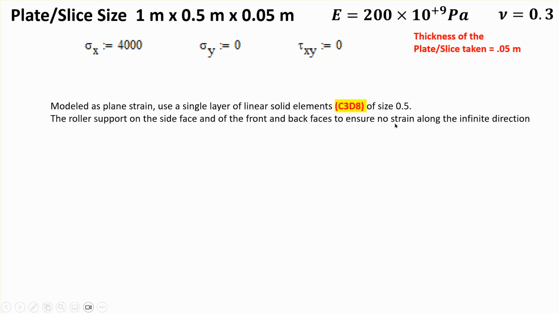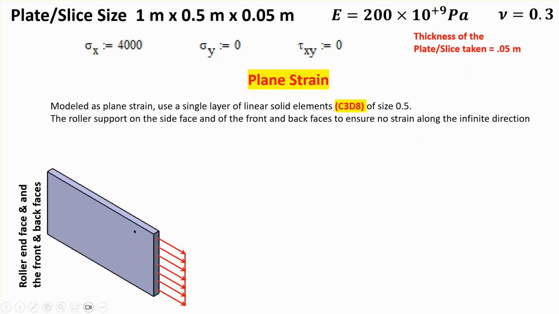Now, in the case of the plane strain situation, I'm going to take a slice. Now, this is not the thickness, because remember, the thickness along the axial direction, the z direction, is essentially infinite, very long. So I'm going to choose the back face just like the previous case, put on a roller support, and the front face and the back face also on roller support.